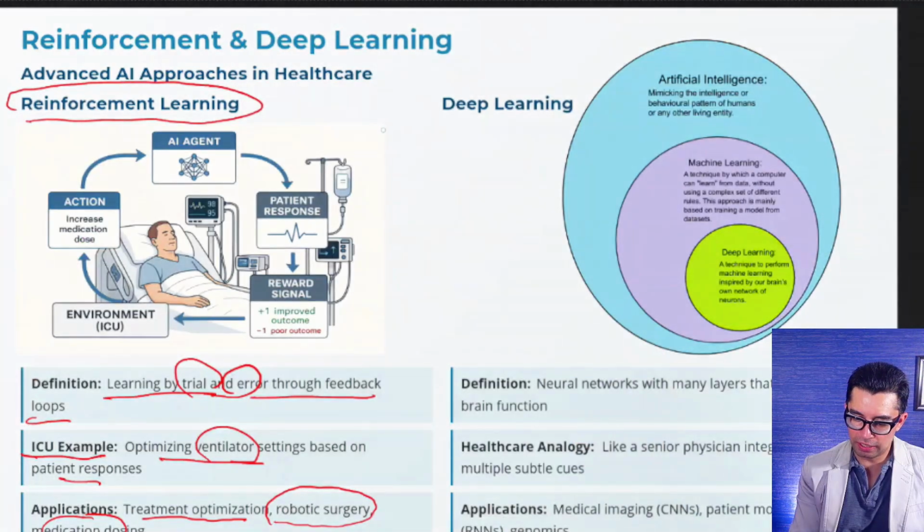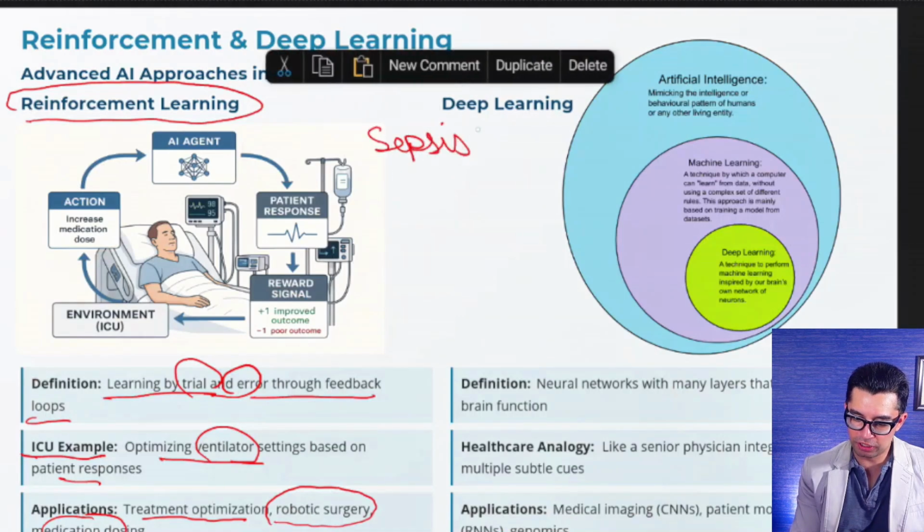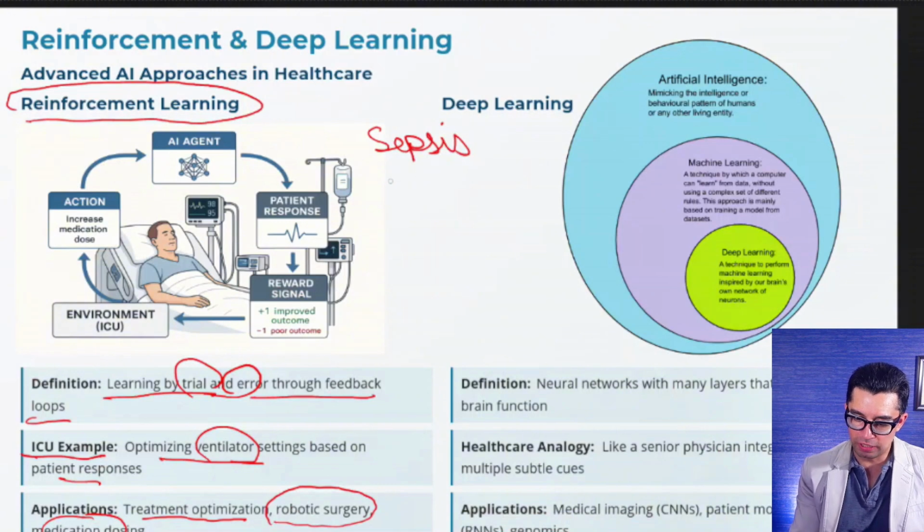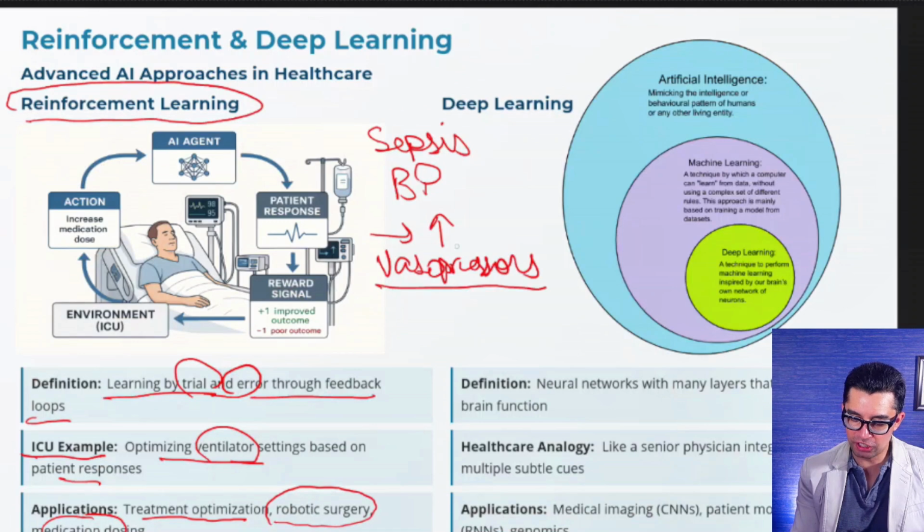Now, let me give you the sepsis example again. In sepsis, blood pressure is a big problem. The blood pressure would be low, and you actually want the blood pressure to be higher. Let's say, for example, the patient is getting vasopressors. Vasopressors are medications that increase a person's blood pressure.